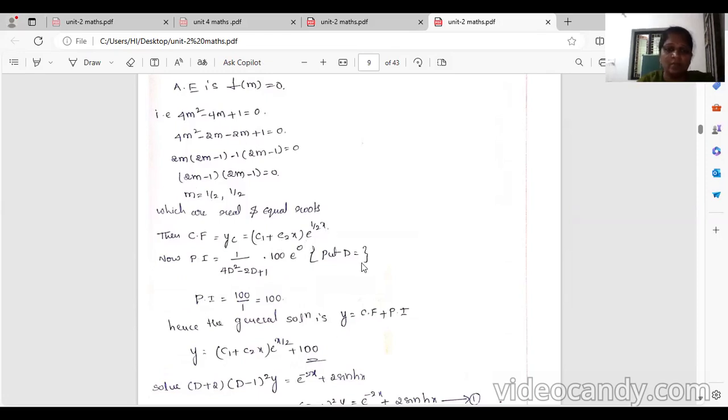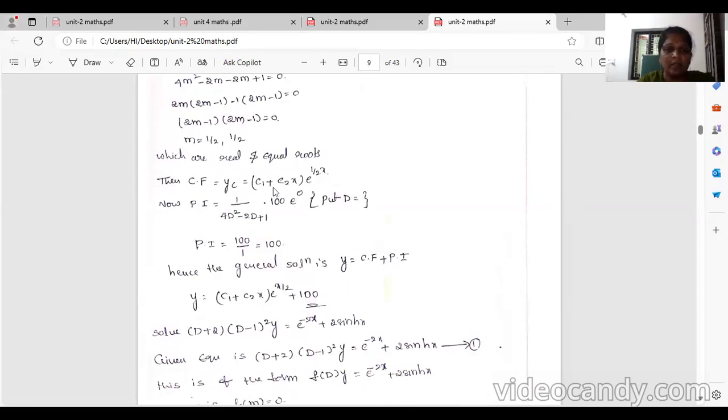Then calculate the particular integral 1/f(D), where f(D) = 4D² - 4D + 1, times 100. We have only the exponential function for the particular integral. So 100 is a constant, which can be written as 100 into e^(0x).